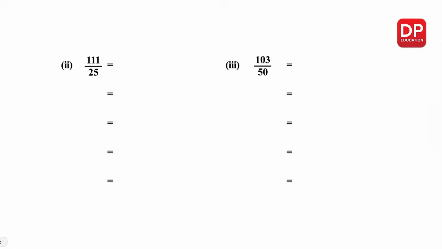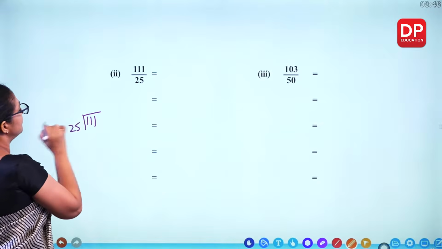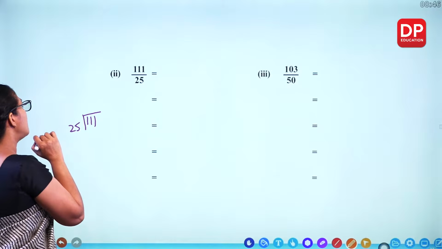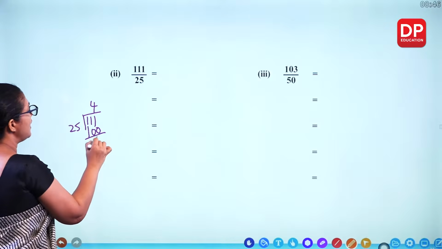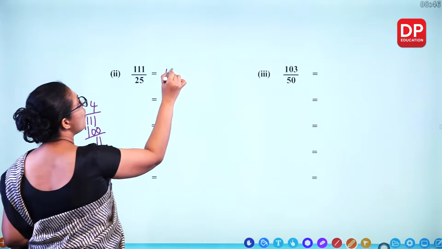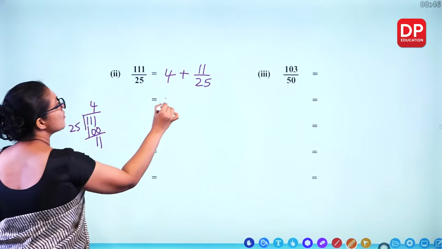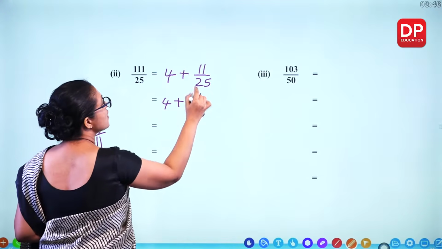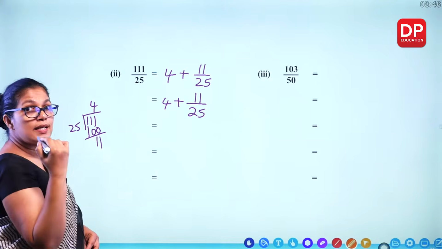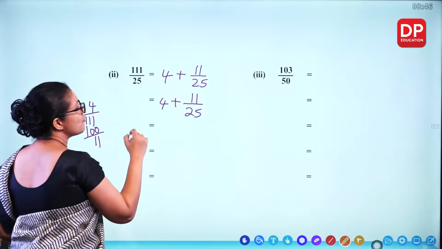111 over 25. Divide. How many 25s are there in 100? That's 4. So 11 remaining. 4 plus 11 over 25. Now convert to a fraction with the denominator a multiple of 10.